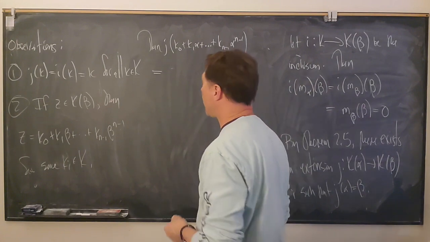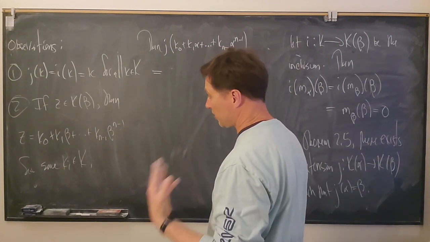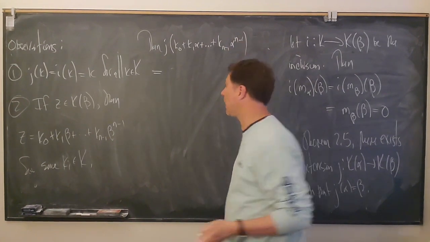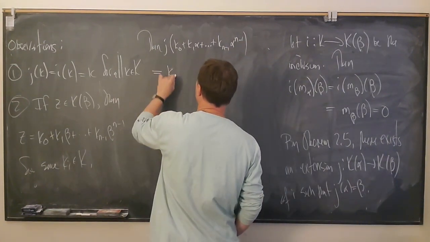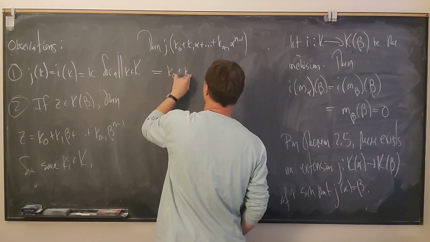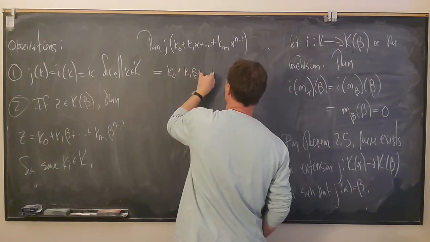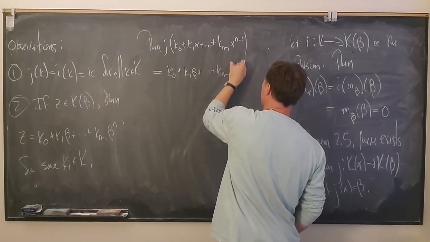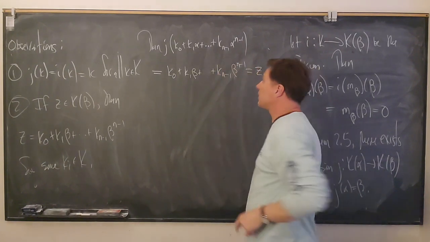You apply J to all of the k sub i's, which just gives you the k sub i's. And then J applied to each of the alphas gives us beta. And so this is going to equal k0 plus k1 beta plus dot dot dot plus k sub n minus 1 beta to the n minus 1, right? And that's equal to Z.